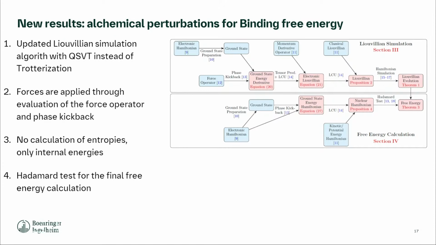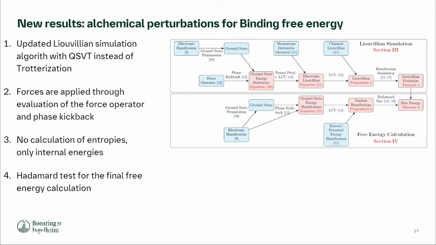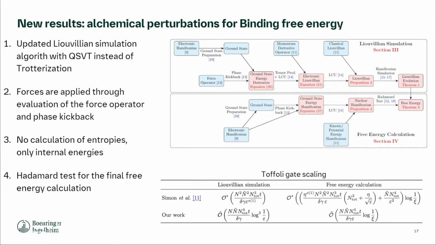and that saves us a lot of resources. This algorithm also doesn't need any von Neumann entropies. You just need internal energies, so that's also one costly step that's excluded, so we don't need to calculate any entropies. And eventually, this free energy is calculated by a Hadamard test to get this final value, and that's where we get a 1/epsilon scaling.